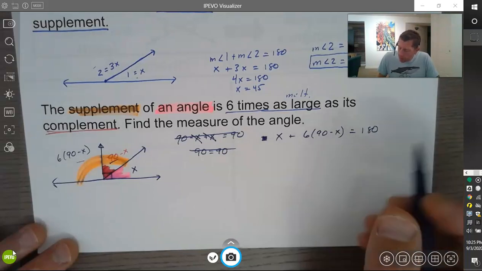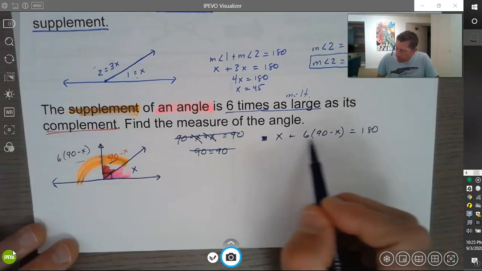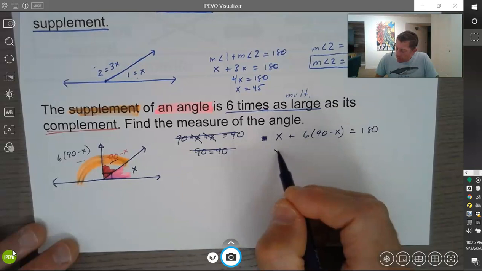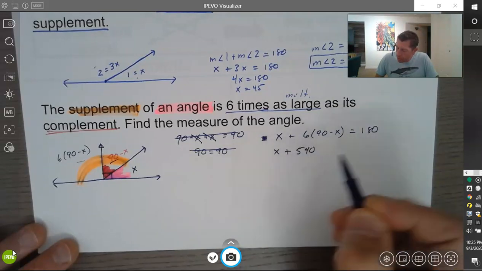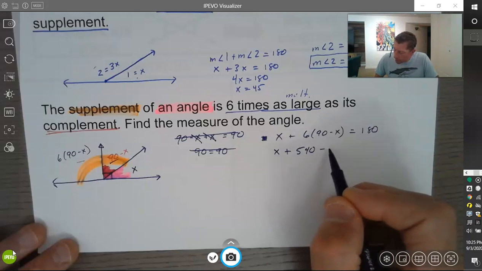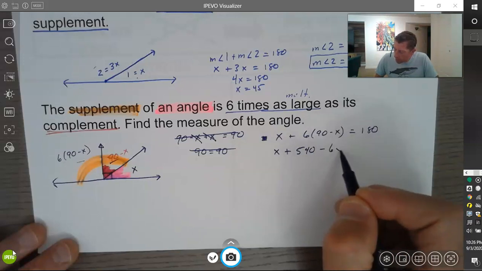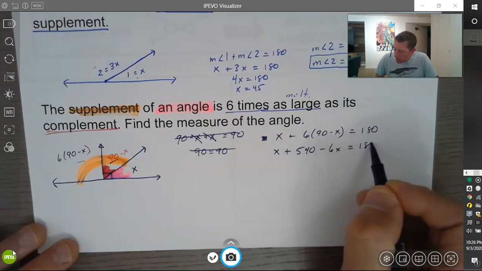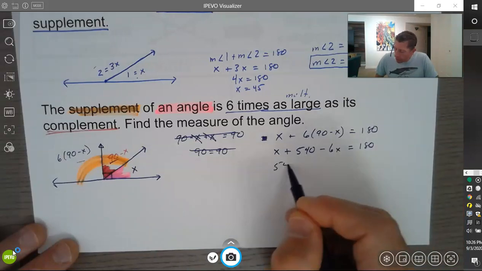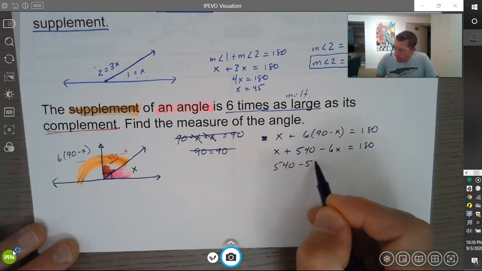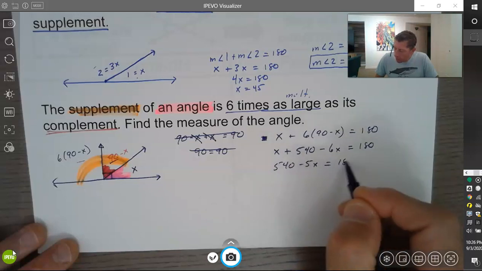All right, let's see if this is a little bit more successful. So first we need to distribute. So we have x plus 6 times 90 is going to give us 540 minus 6 times x is 6x. And that equals 180. All right, let's combine our like terms. We have 540 minus 5x equals 180.